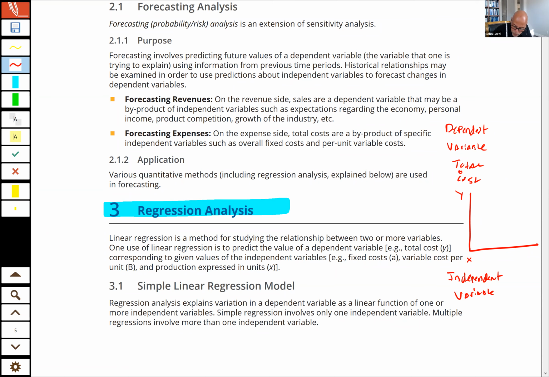Let me squeeze overhead in here. Okay, and then you look at an independent variable, say direct labor hours.